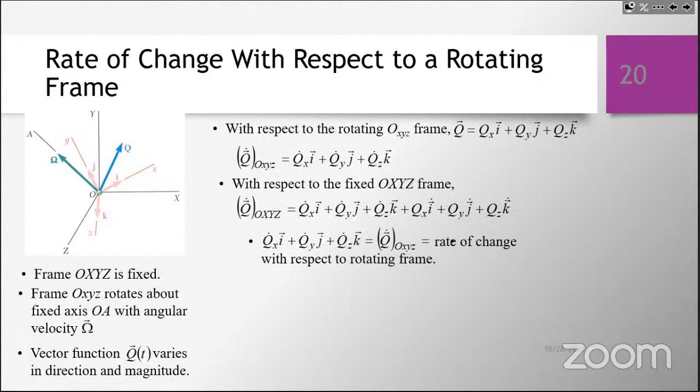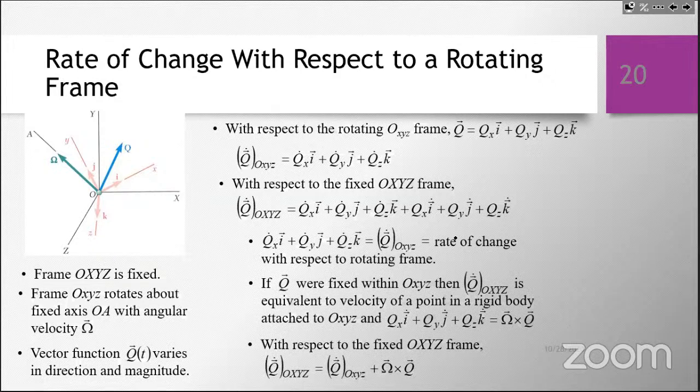Okay, so if we do that, right, the punchline here is that we get this equation here: Q dot for my big reference frame, for my fixed frame, is equal to the Q dot of the rotating frame plus omega cross Q, which is kind of like what we were talking about in the video.